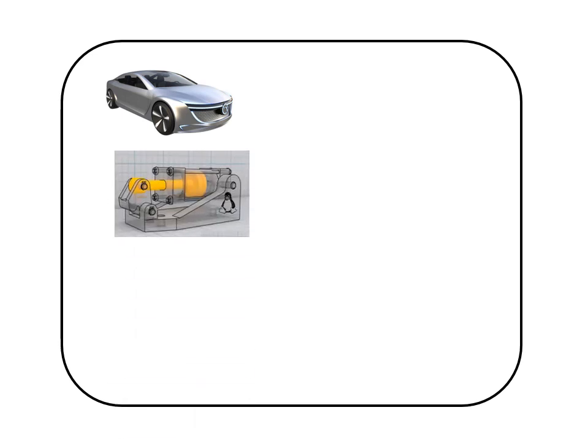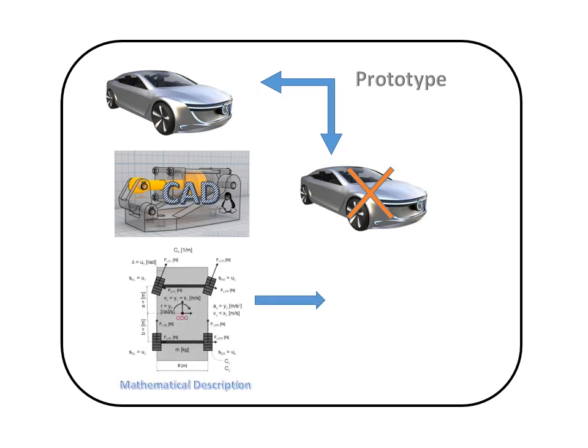Before the geometric model, a prototype was prepared for testing the model. After the introduction of CAD, this prototype is eliminated. These two models are the prototypes. In CAD, the mathematical description of an object, which is that prototype, is used in the CAD software.